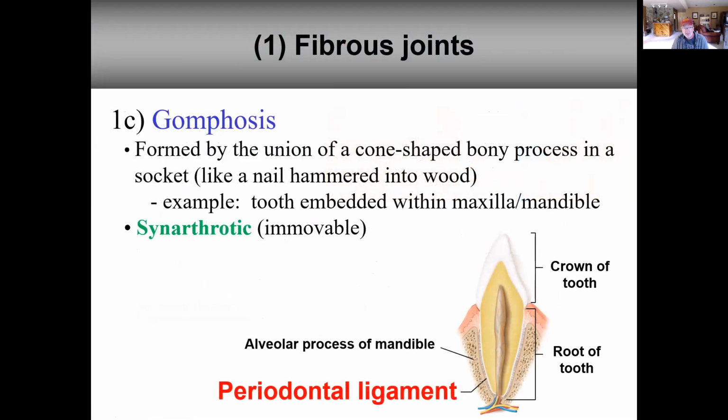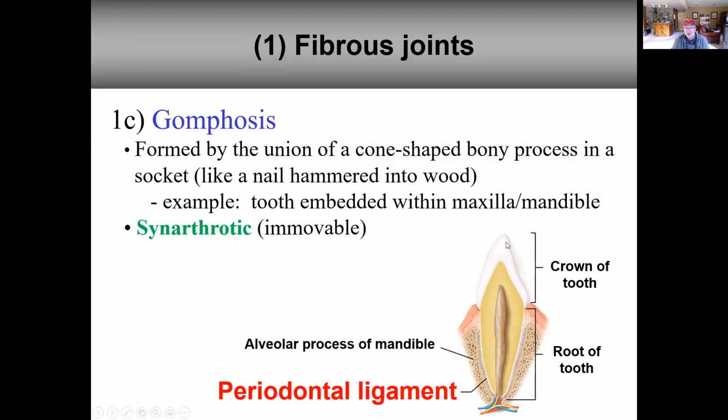And our last example of a fibrous joint, the gomphosis, where a bony process fits into a socket. And they use the metaphor of pounding a nail into wood. So a cone-shaped bony process fitting into bone. And they're telling us to look at teeth.